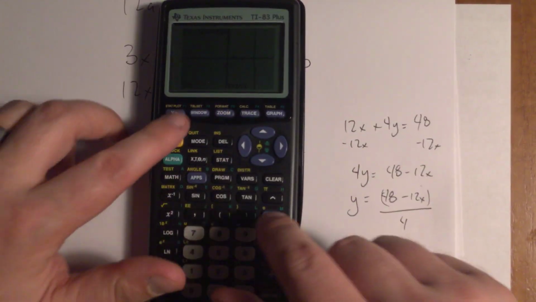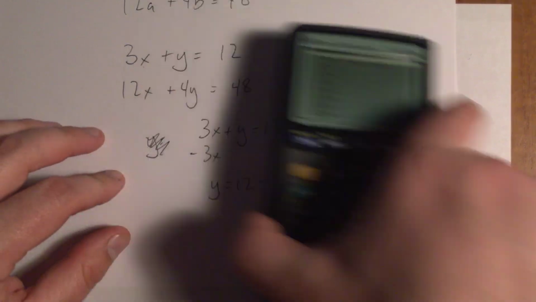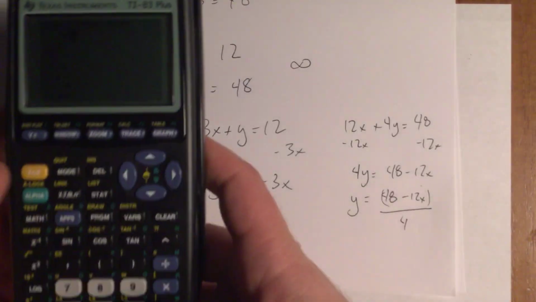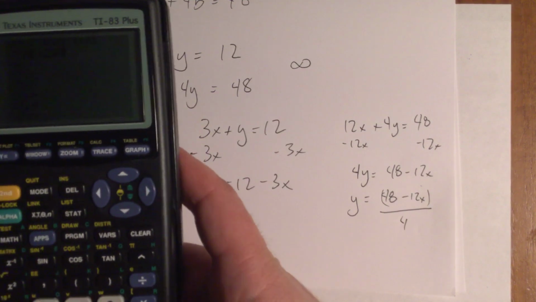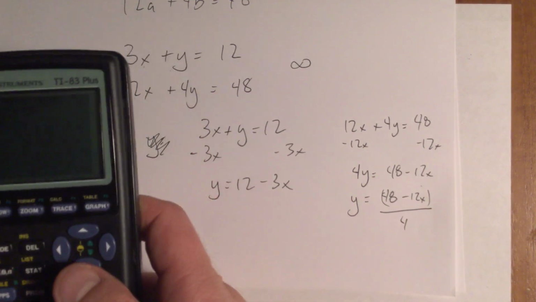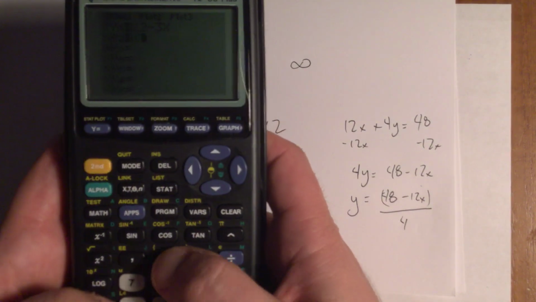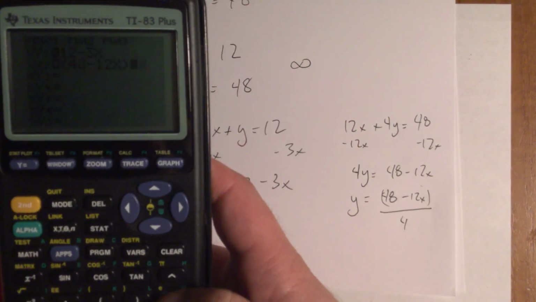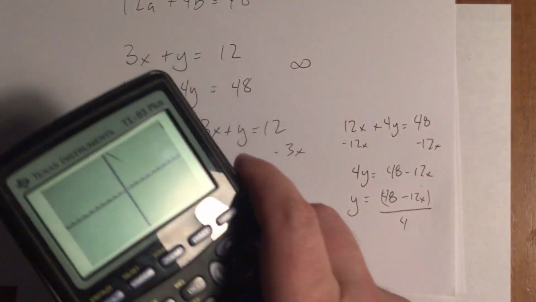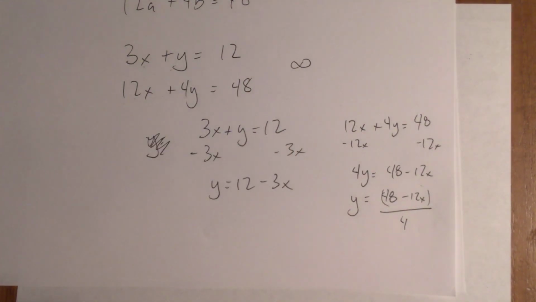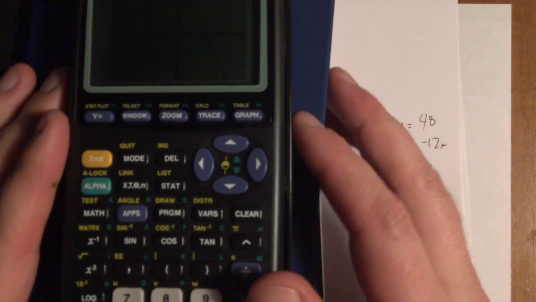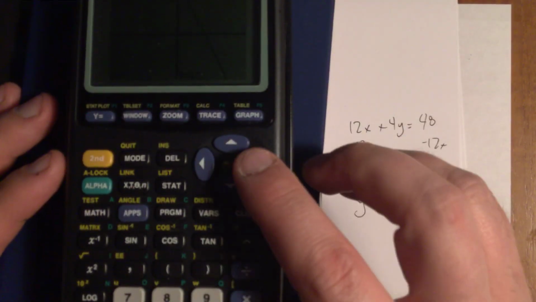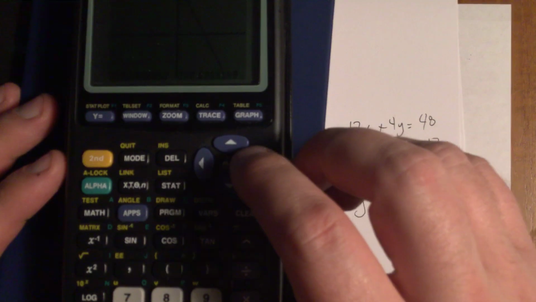Essentially, how many points do they intersect? Parallel lines never intersect, so we say they have no solutions. There's no set of values that will make them both true. Okay, so when I graph it and trace it, there's my cursor.